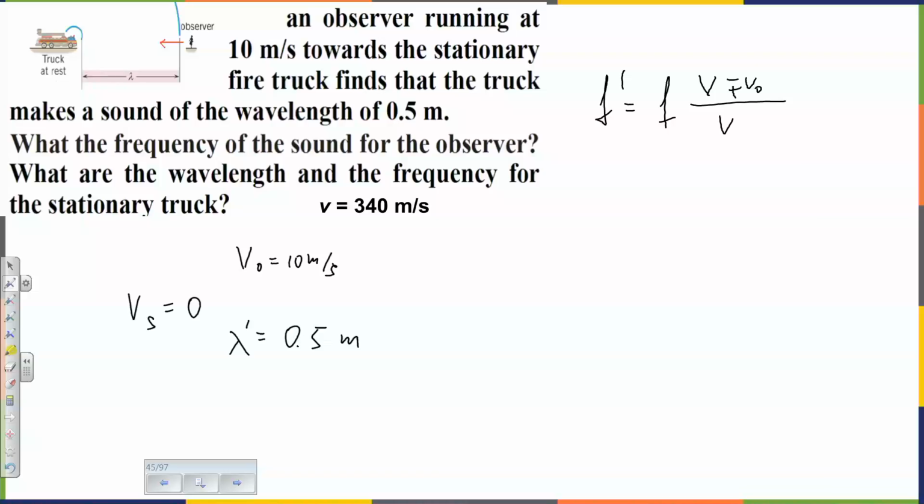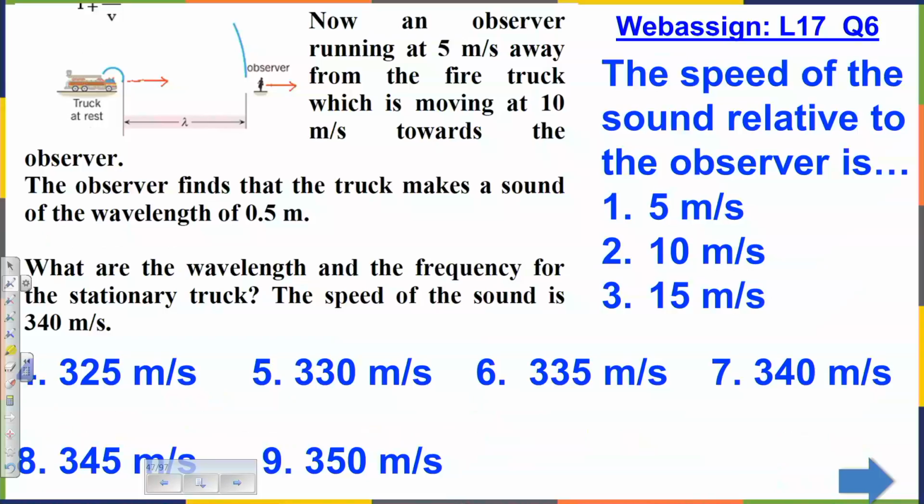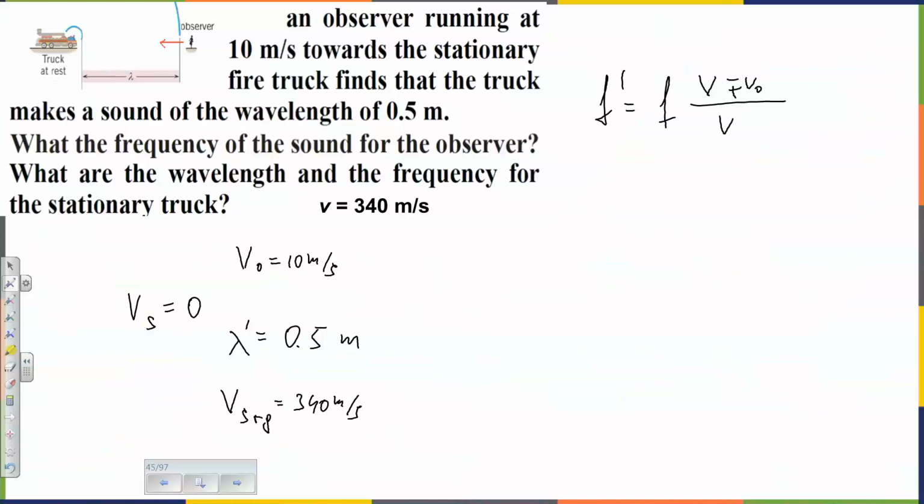And the speed of the sound relative to the ground is 340 meters per second.